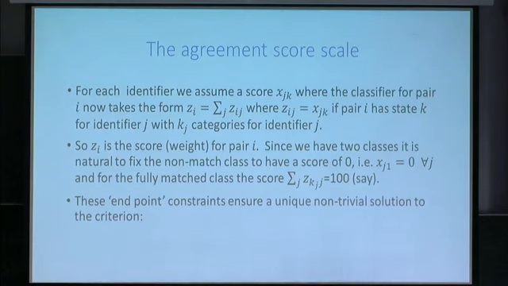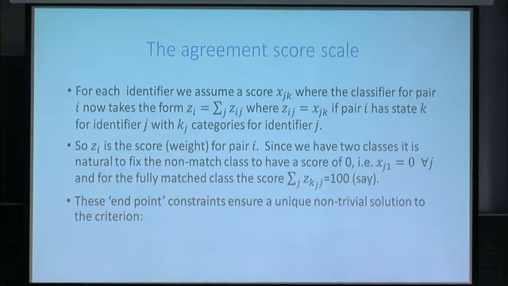At the other end, when you get a final score of 100, these are the complete matches, and in between, on the basis of the information we have from the identifiers, we have an intermediate score. So if you like, a propensity to be a match or a non-match. So it's a scaling procedure, and the aim is to try and put every single pair, which is not a complete match or complete non-match, somewhere on that scale, and that's going to be the equivalent of our R statistic that we had before.